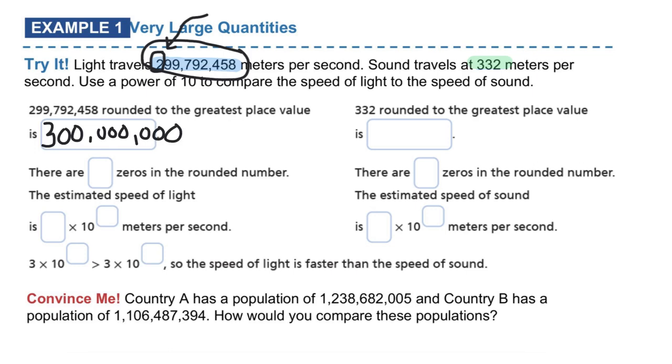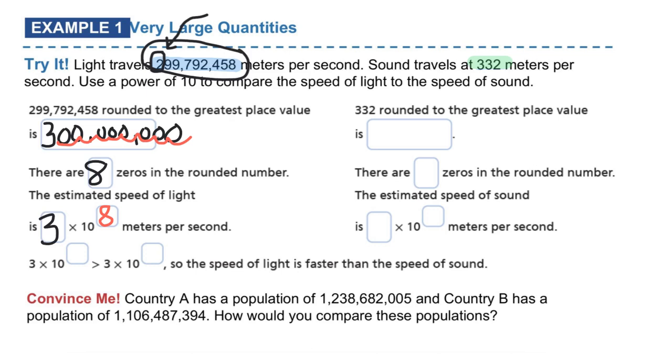If you count them up, there are 8 zeros in the rounded number. So we're going to take our 3 times 10. Remember, 1, 2, 3, 4, 5, 6, 7, 8 to the 8th power.